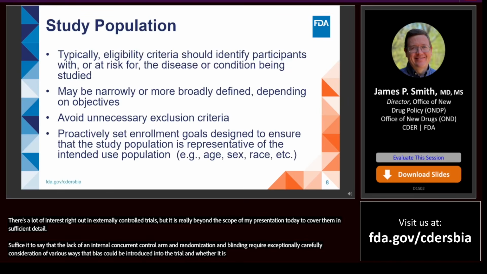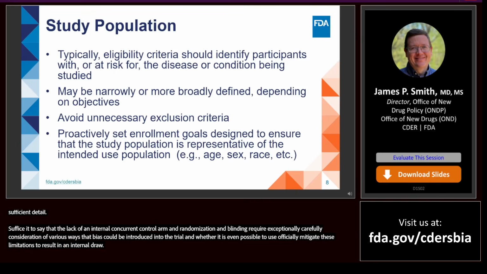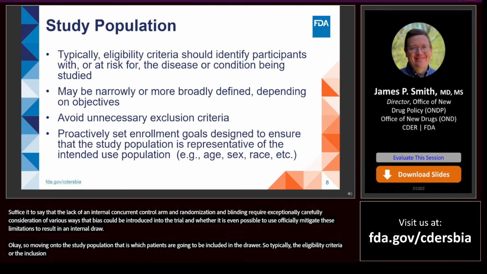Okay, so moving on to the study population, that is, which patients are going to be included in the trial. So typically, the eligibility criteria or the inclusion and exclusion criteria should identify patients with or at risk for the disease or condition being studied. And this population might be more narrowly defined or more broadly defined depending on the objectives, which could vary during drug development.